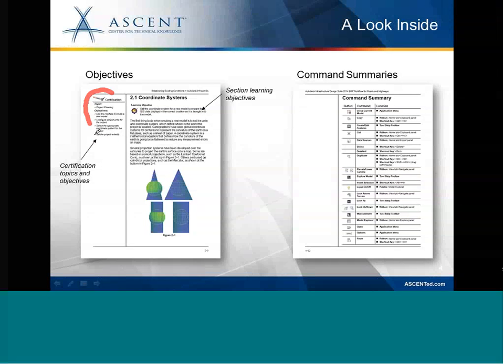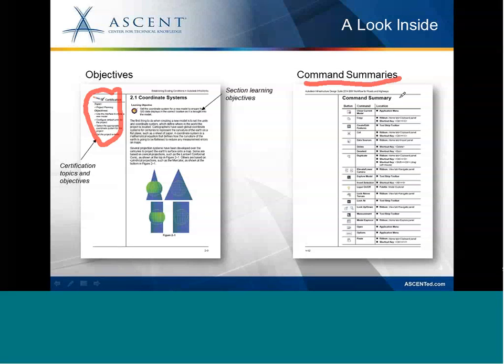And so you'll see those listed on the left-hand side in each section that covers something related to the exam. In addition, we also have the command summary available at the end of each chapter. It's great for that quick reference, to pull that page out of the book or photocopy that one page and pin it up in the cubicle and have it as a quick reference guide to help you find those commands much faster.